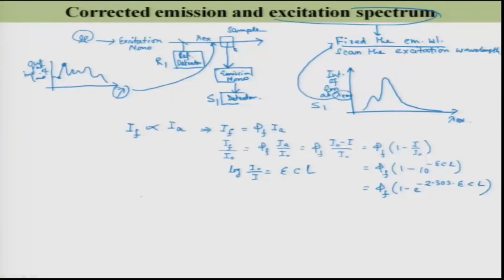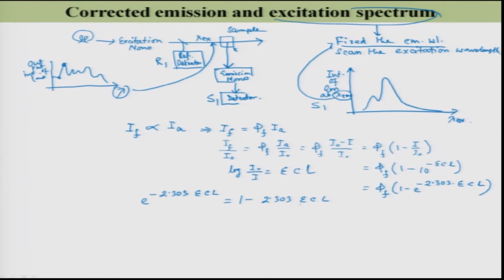So, I can write e to the power minus 2.303 epsilon CL is equal to 1 minus 2.303 epsilon CL, provided this quantity is a small quantity.